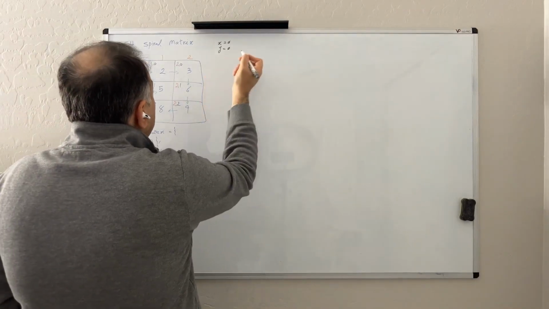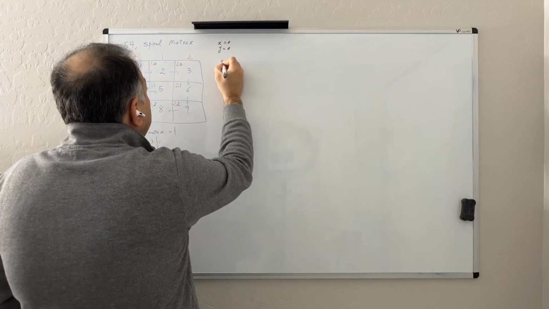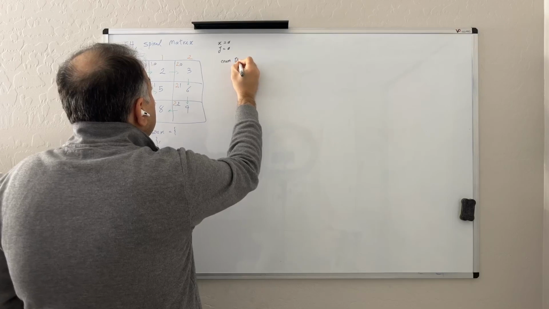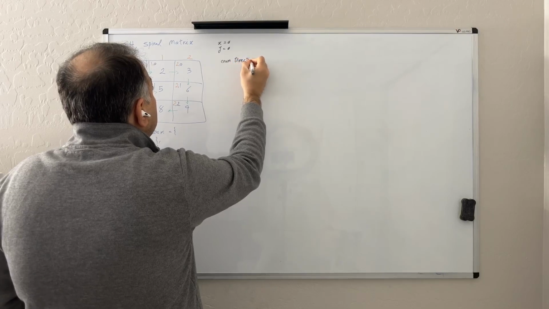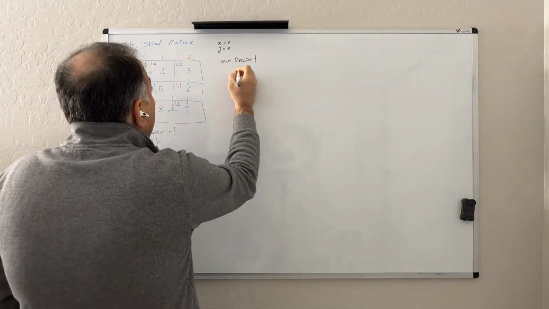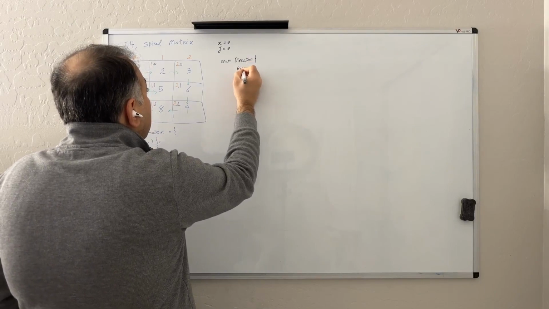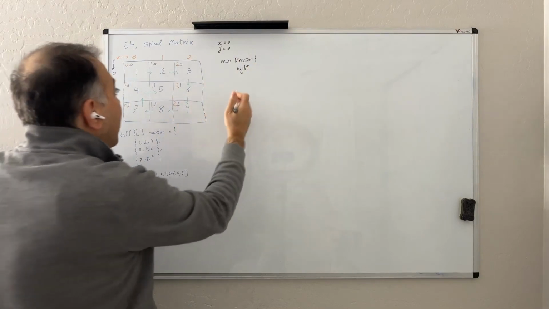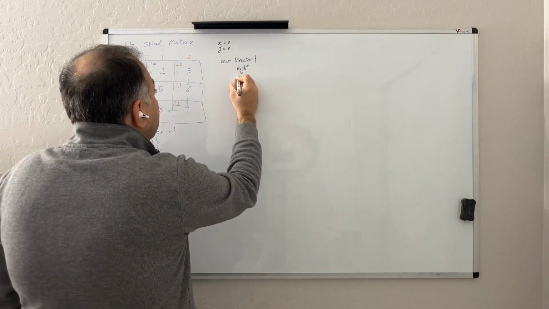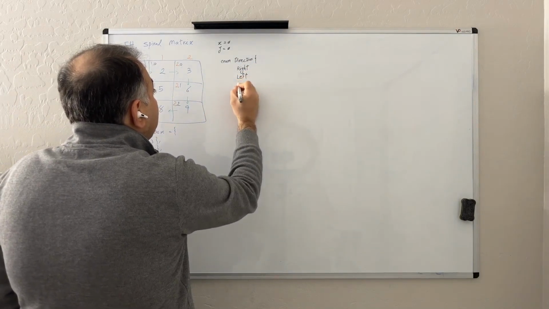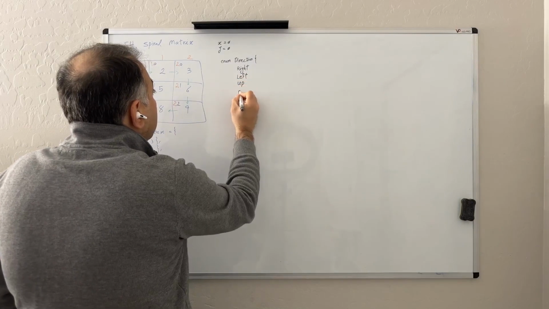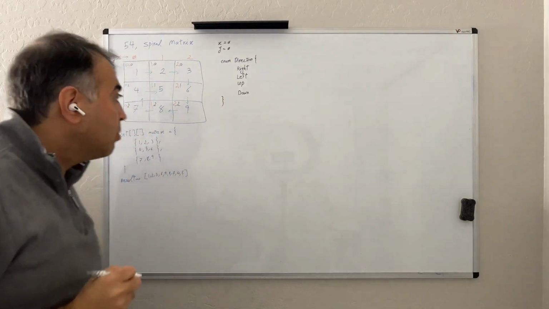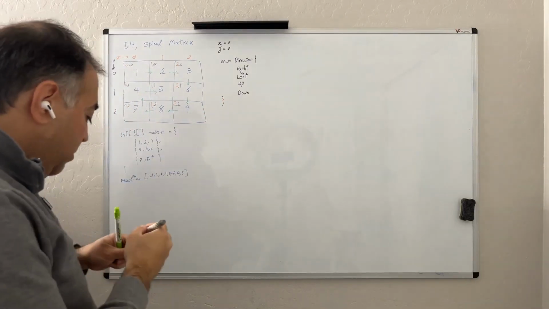Because I want to implement this in Java, I defined an enum with the name Direction. And as I showed you, we are going to solve this problem in a spiral, so we have four directions: right, left, up, down.